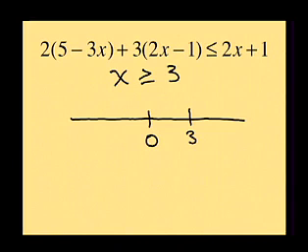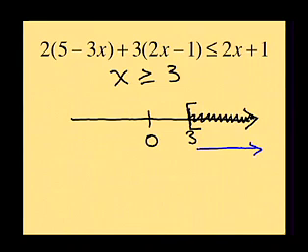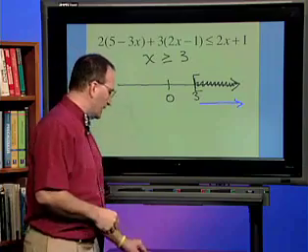And now for x greater than or equal to 3, we use a bracket at 3 exactly. And then we shade in the number line with an arrowhead going out to the right to show that all the values for x that are from 3 and beyond satisfy that inequality. All right, great job with that.